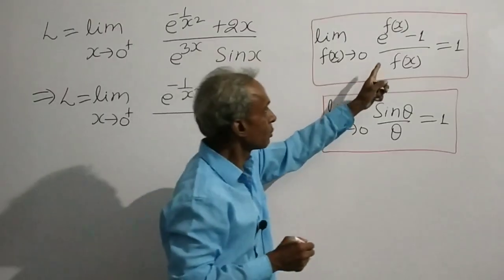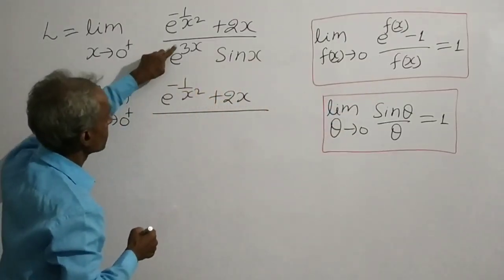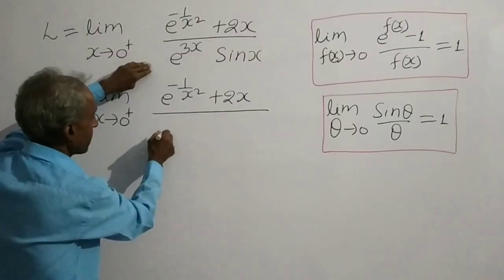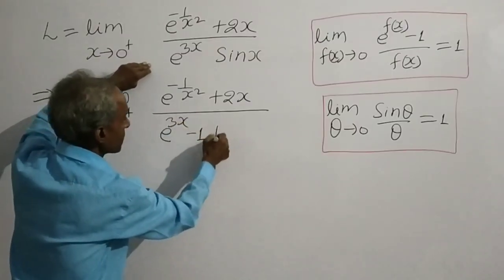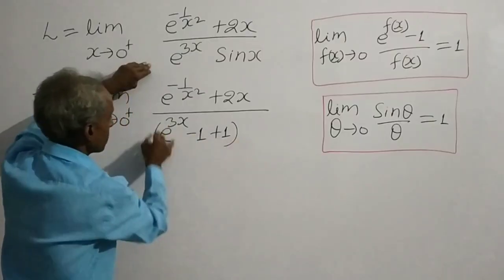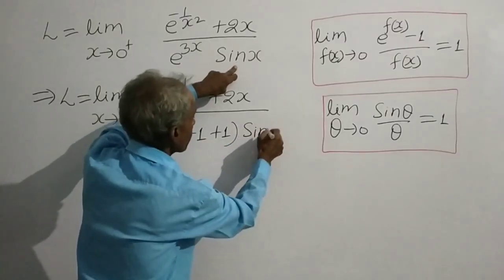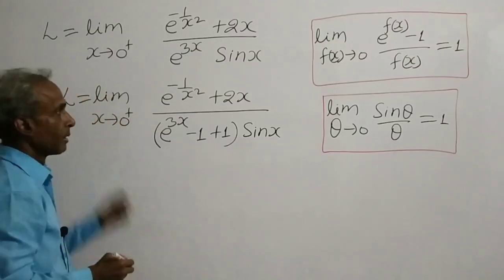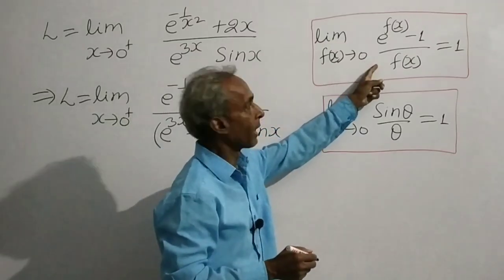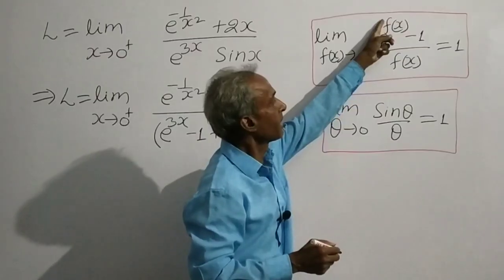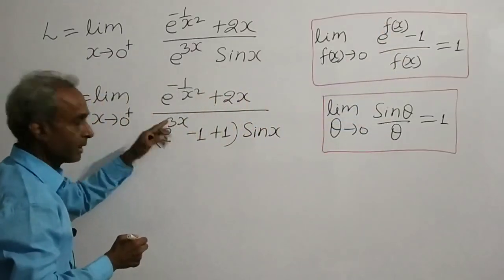We look towards this formula and in place of e to the power 3x, we write e to the power 3x minus 1 plus 1. Now we write sin x. Now again we look towards this formula. Here is fx, here is fx, here is 3x.